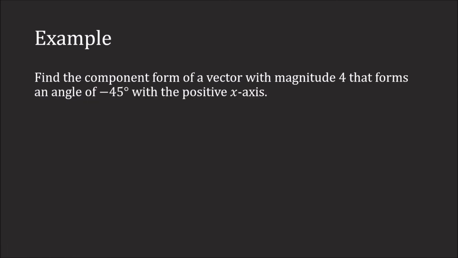So let's find the component form of a vector with magnitude 4 that forms an angle of negative 45 degrees with the positive x-axis. So v would be the magnitude times the cosine of the angle, so negative 45 degrees, comma, magnitude times the sine of the angle.